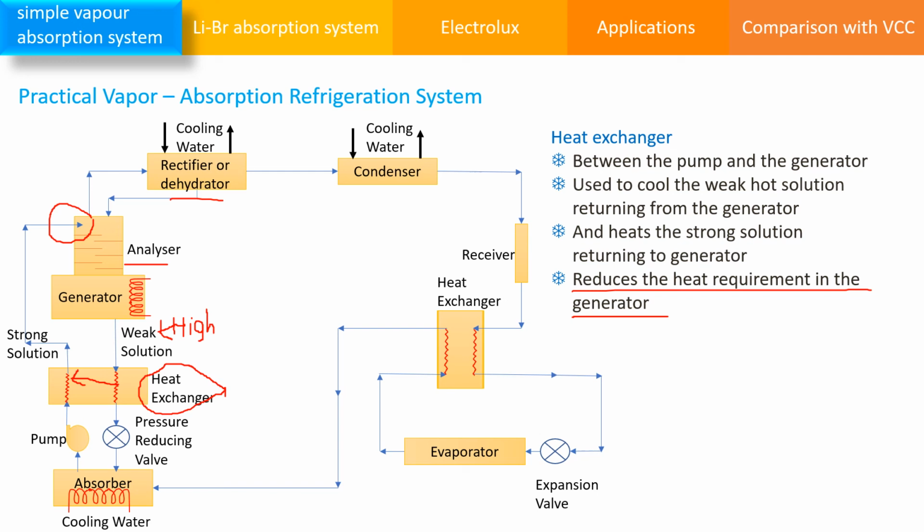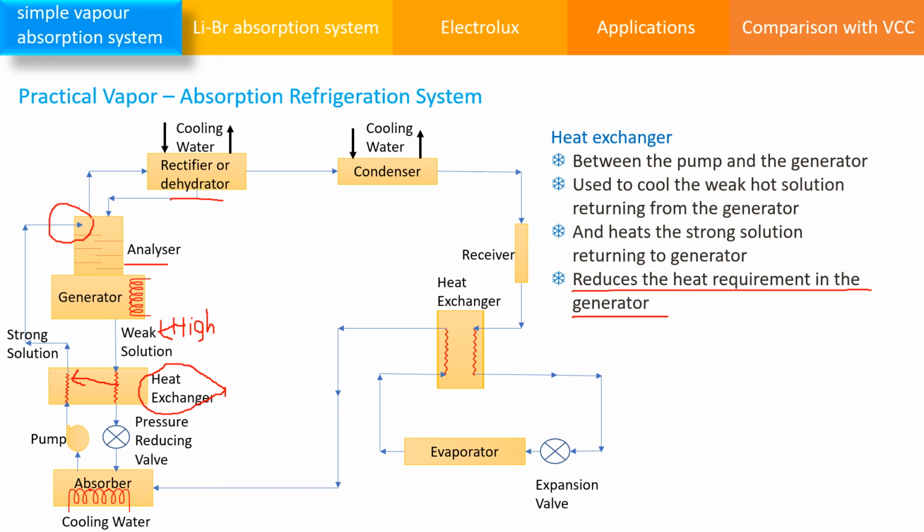So that's it. We have now seen the simple vapor absorption system, the requirement of the aqua ammonia or binary solution of absorbent and refrigerant, and we have covered the practical vapor absorption refrigeration system, which consists of three additional components to the simple system: the rectifier, analyzer and heat exchanger.